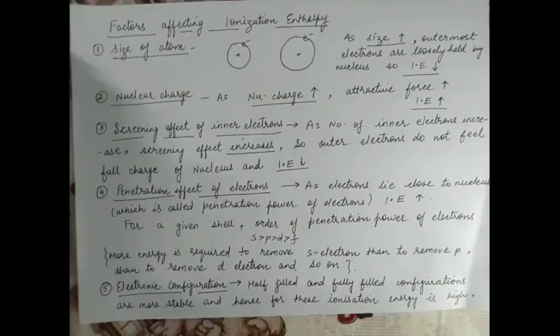Now, the second factor which affects the ionization enthalpy is nuclear charge. Nuclear charge means power of nucleus, number of protons. As nuclear charge increases, the nuclear power increases. Nuclear power to attract the electrons increases. So if nuclear power to attract the electrons is increasing, more energy we have to supply to remove the electron.